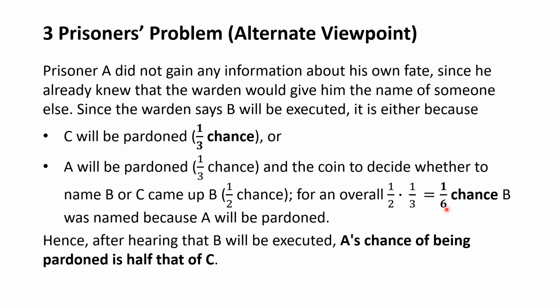So either way, A's chances of being pardoned are half that of the other person not named by the warden, I should say. So if he says B, then C would have twice the probability of being pardoned than A, and if he said C, then B would have twice the probability of being pardoned than A.